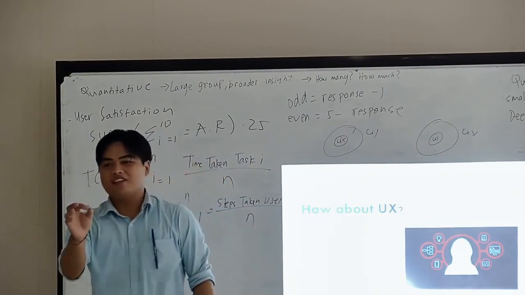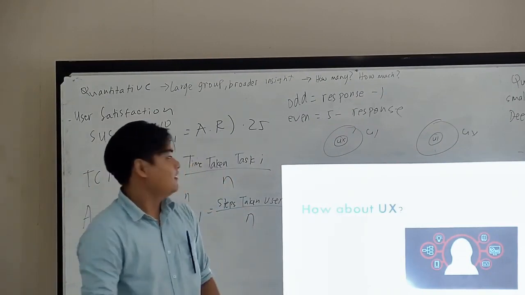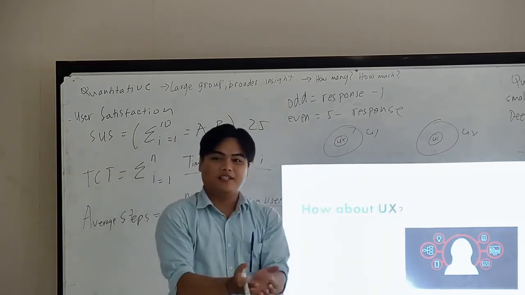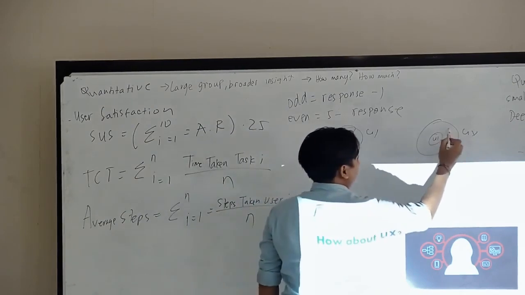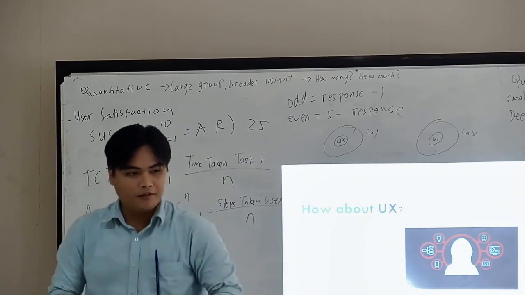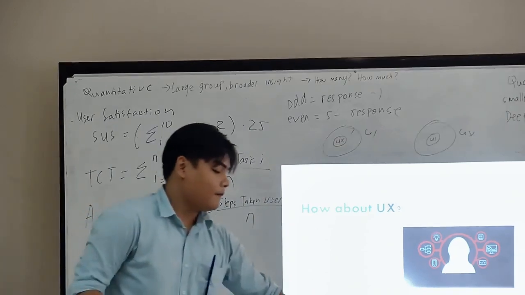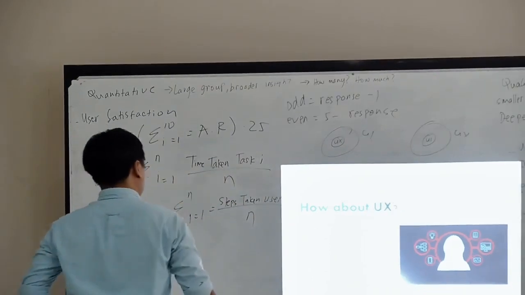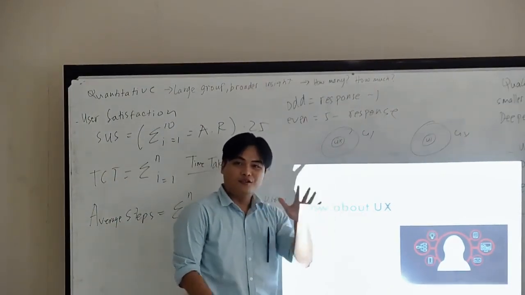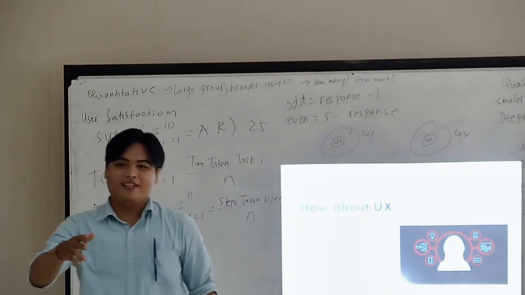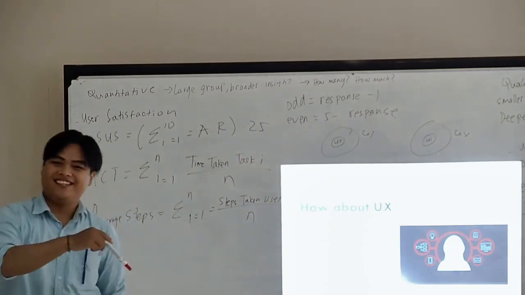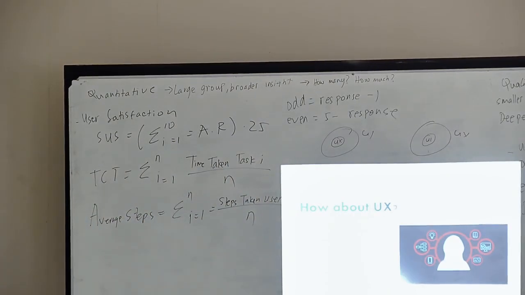UI is just a small aspect of UX. UX is the broader element of the design. There are many aspects in UX, not only the UI. There are accessibility and usability. But UI is part of UX, so UX is not part of UI. UX is the mother of UI, and UX has so many children.